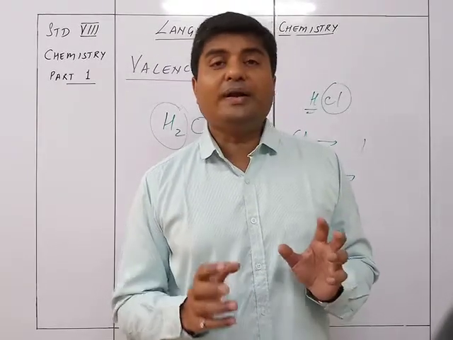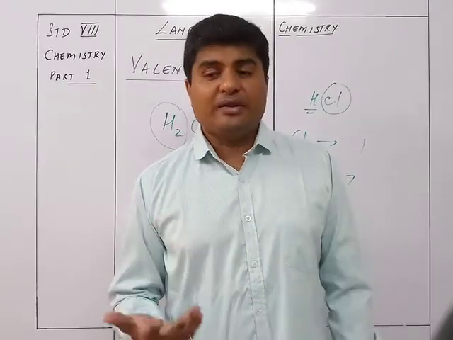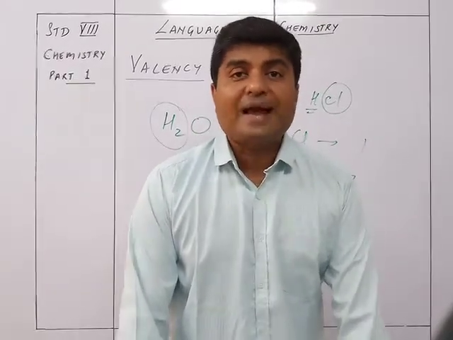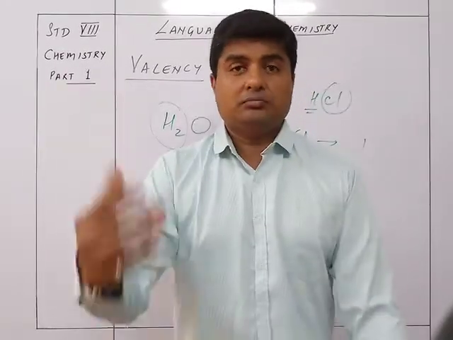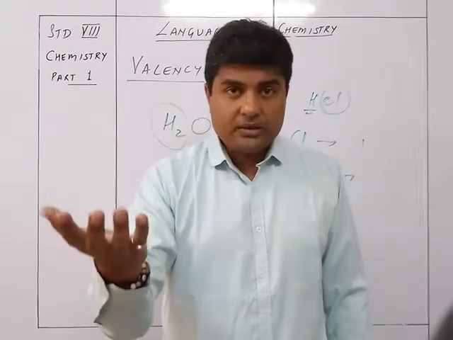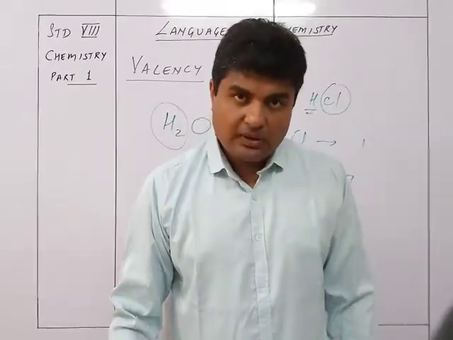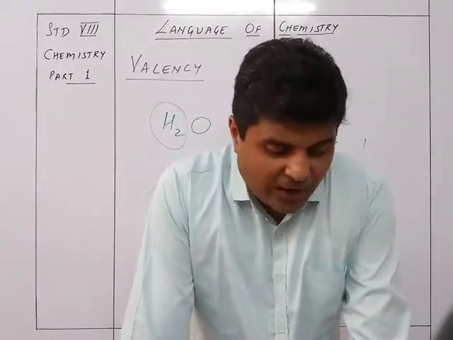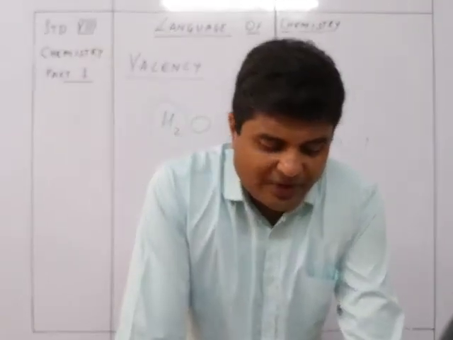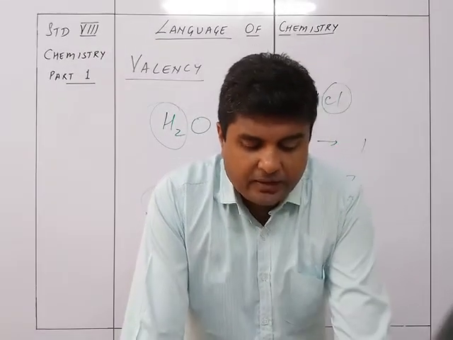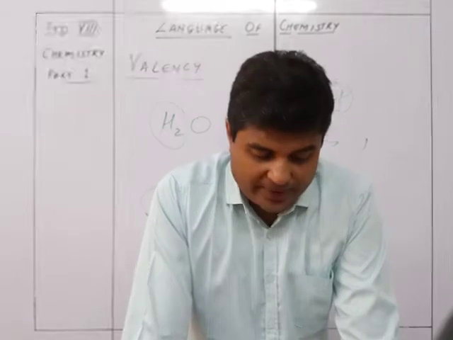Because it will determine how many hydrogen atoms it can react with to either accept, donate or share. So hydrogen chloride HCl: 1 atom of hydrogen combines with 1 atom of chlorine. Valency of chlorine is 1.